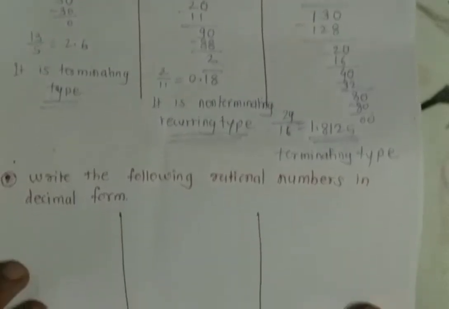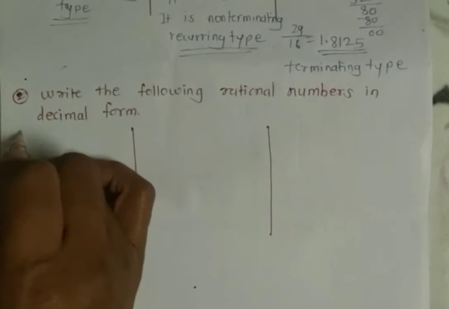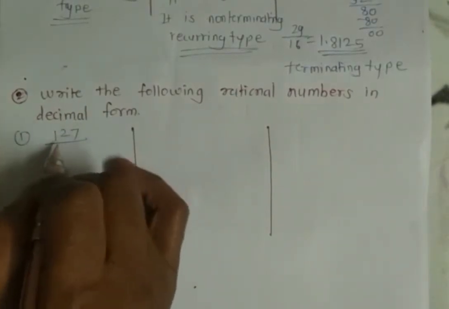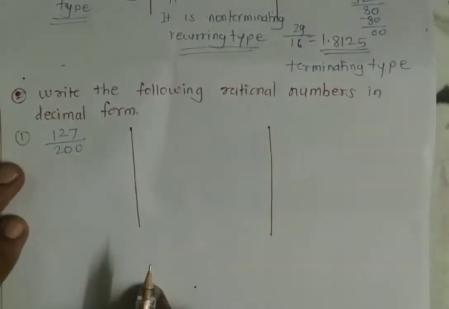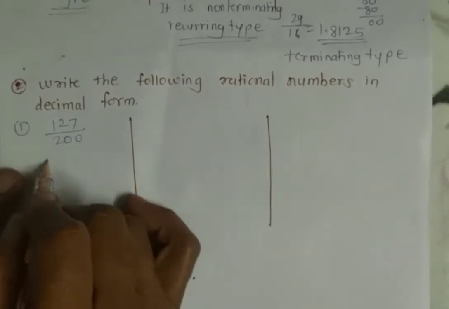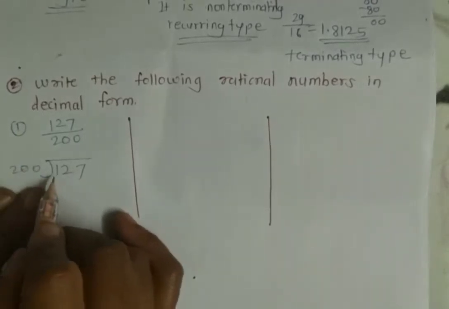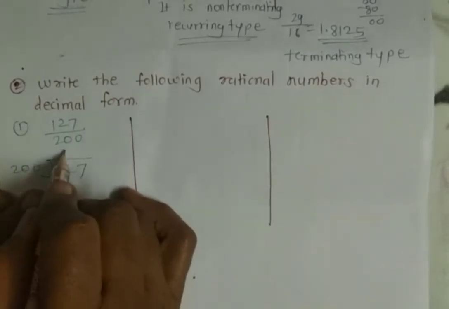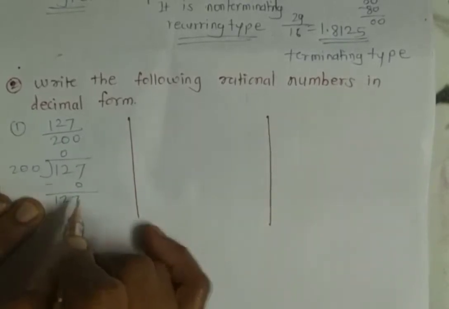Now in the second question, the question is to write the following rational numbers in decimal form. The first example is 127 upon 200. This 127 will be divided by 200. This is less than 200, that's why we take the quotient part as 0, minus 0, 127.